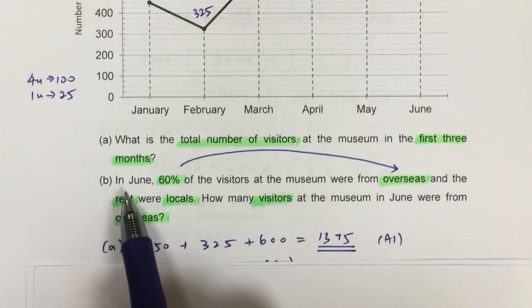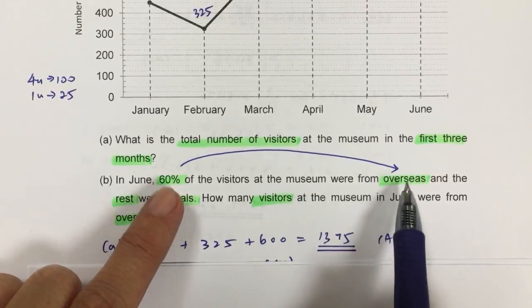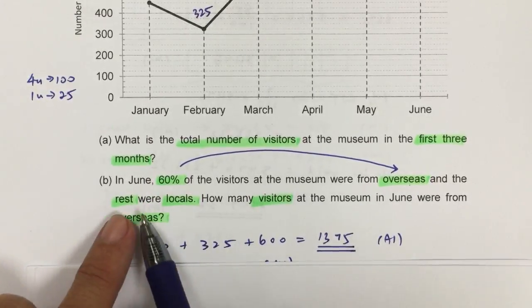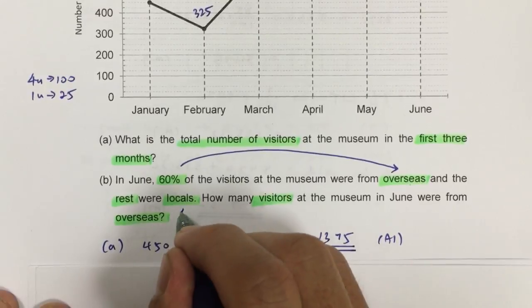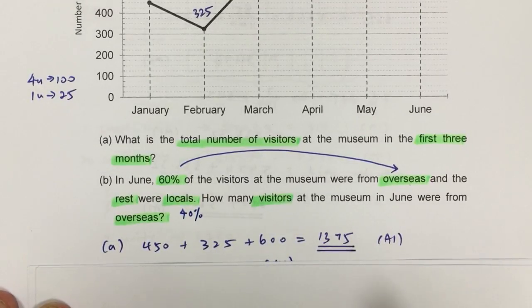Question B. If 60% of the visitors were from overseas, and the rest were local, so local is 40%. How many visitors at the museum in June were from overseas?